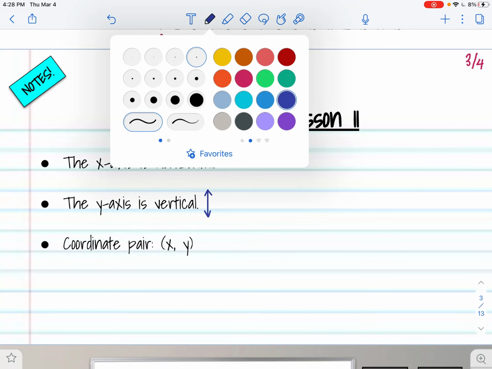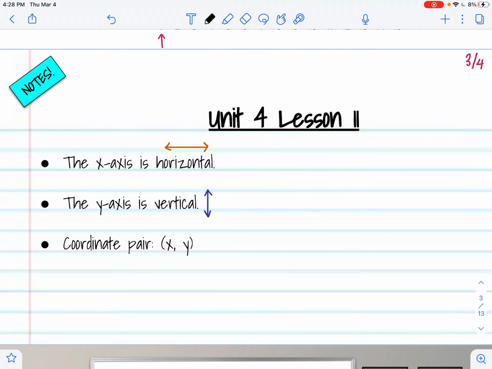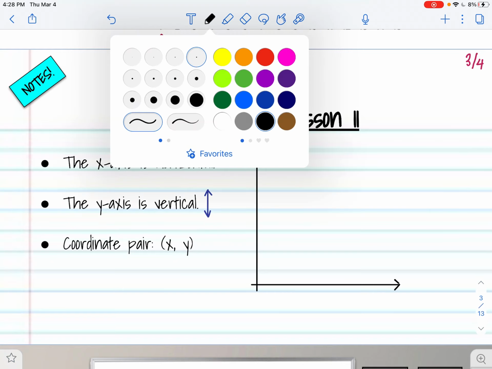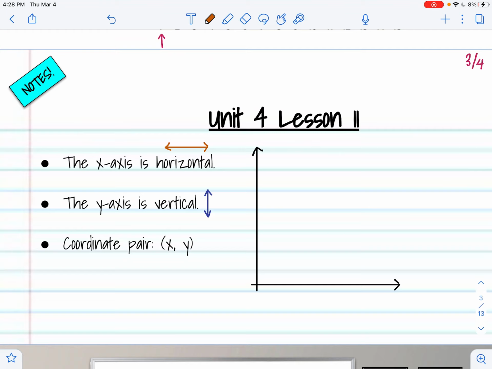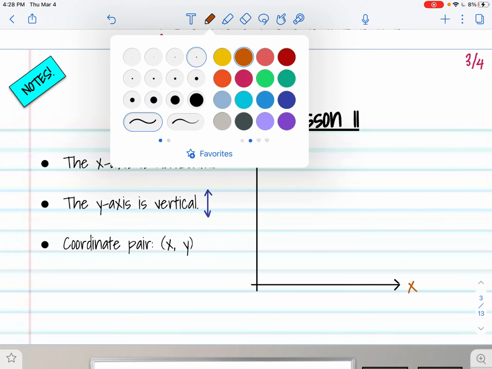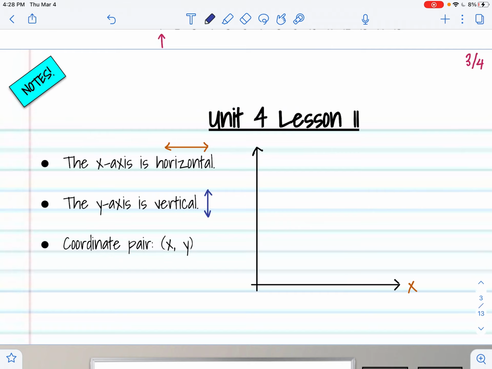When you draw quadrant 1 of a coordinate plane, it looks like this. It's just the graph that you might have seen before in 5th grade, where we graph positive x and y values. You know that we have our x values along the x-axis, which runs side to side, and our y values along the y-axis, which runs up and down.